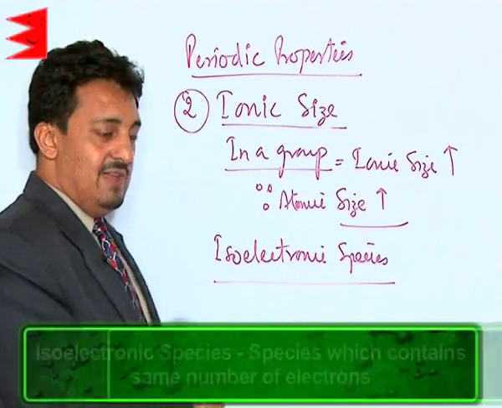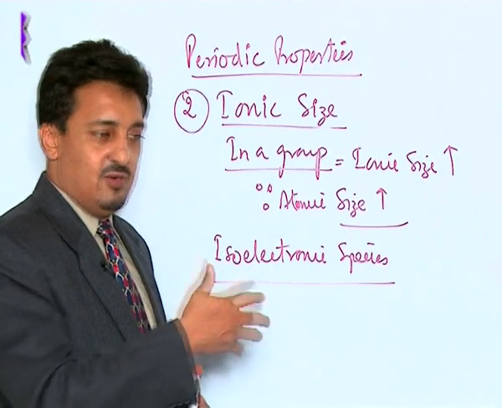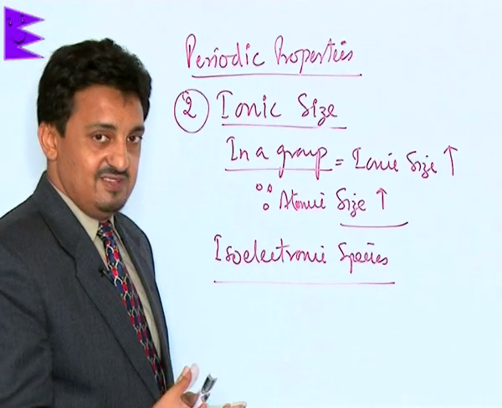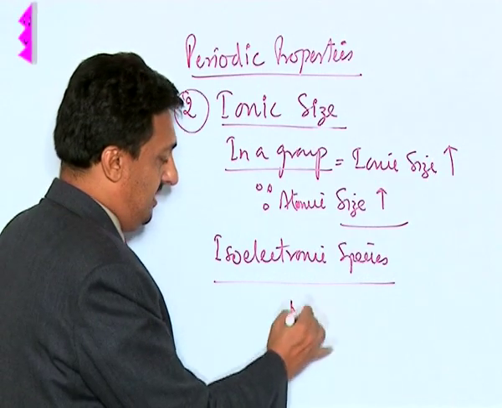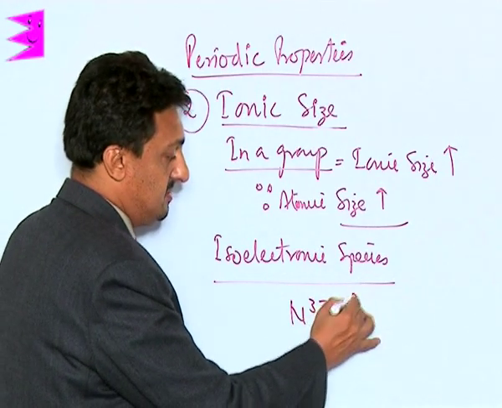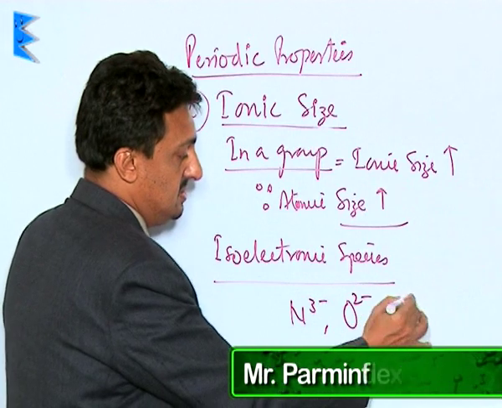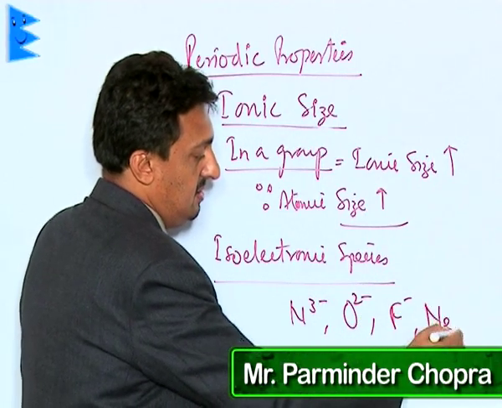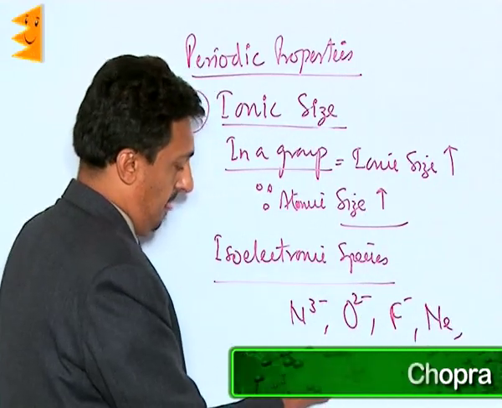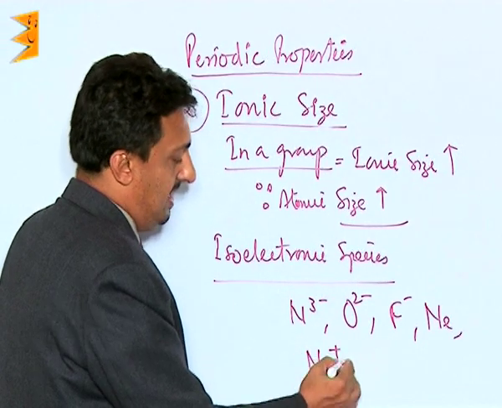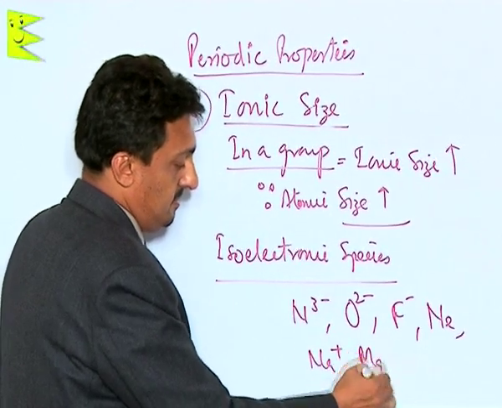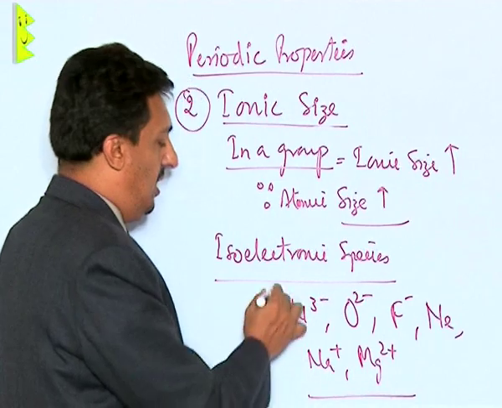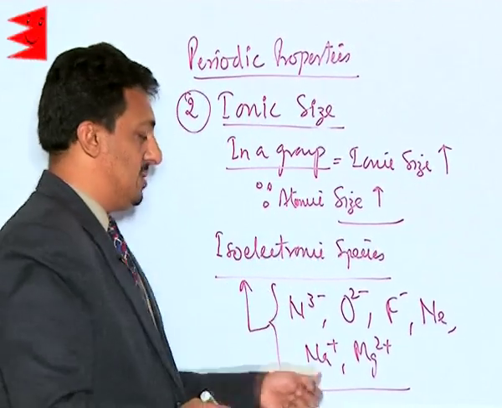Generally we are asked to find out the trend among the isoelectronic species. Let me give you an example: N3-, O2-, F-, neon, Na+, Mg2+, all of these are isoelectronic species.